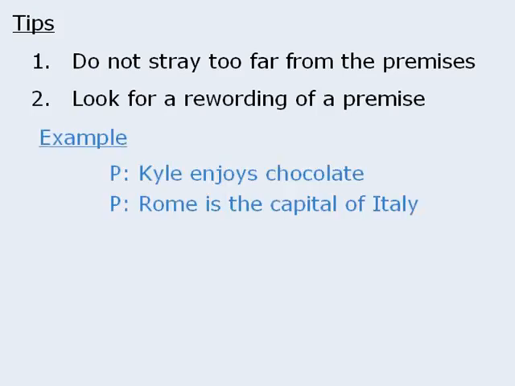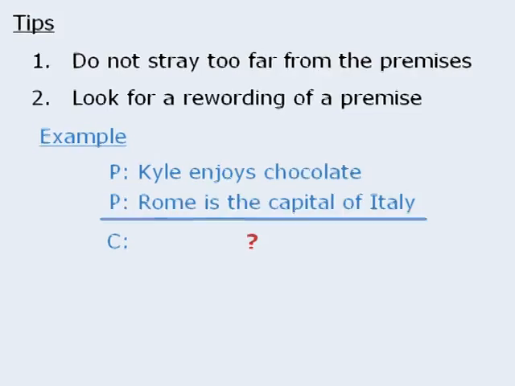For example, consider these two premises. Kyle enjoys chocolate, and Rome is the capital of Italy. What is a logical conclusion that one could draw from these premises? Now, the mistake that students typically make is attempting to combine all of the premises in order to draw a conclusion. This approach can get you in trouble.